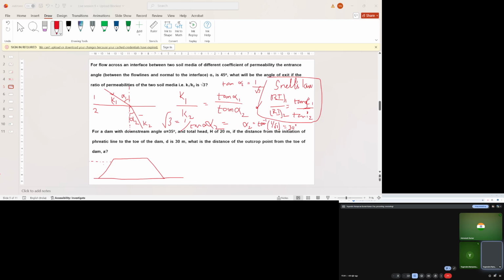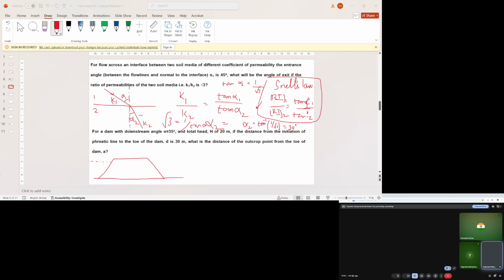Any doubts? No, sir. And this is the phreatic line which meets at the outcrop point. So what you need is the distance between the rock toe and the outcrop point, which is A. So this is what you need.